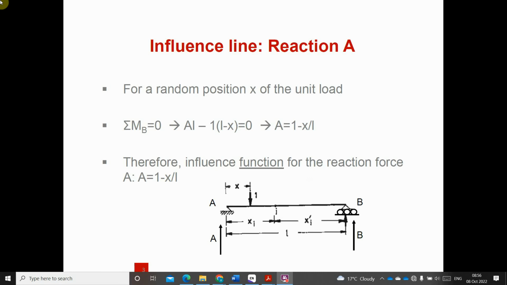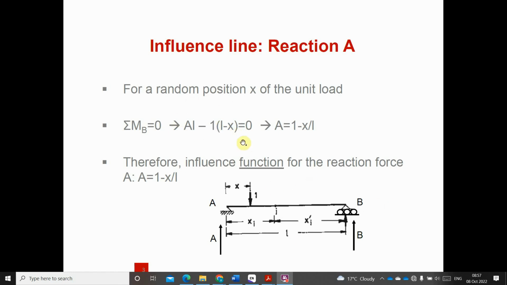So we have the summation of moments about point B is equal to the reaction at A multiplied by this distance L, minus this point load multiplied by this distance. Since this whole length is distance L, and this short distance is S, the distance from here to here is equal to L minus S. That is why we have L minus S here, and we take it to be equal to 0.